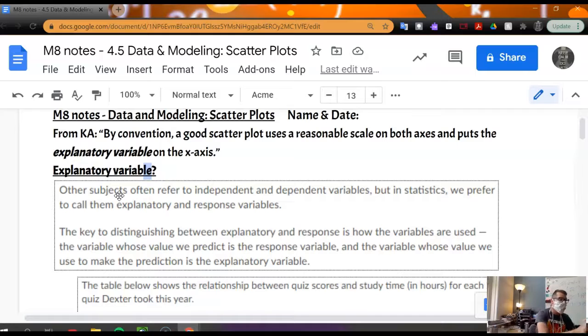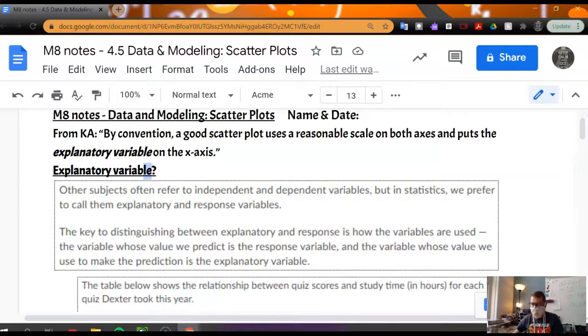So that's why we do not use dependent or independent variables anymore. We use the explanatory variable, and then explanatory and response variables. So your explanatory variable is going to live on the x-axis.